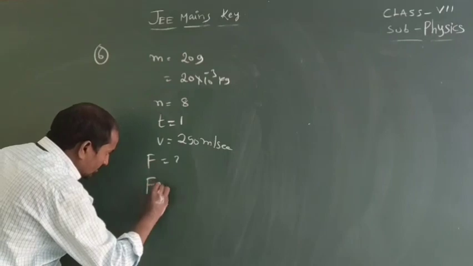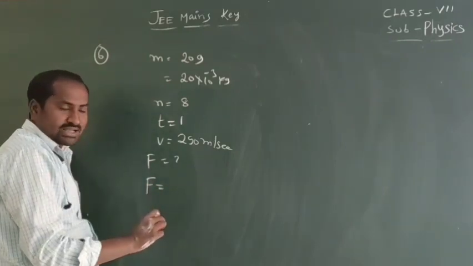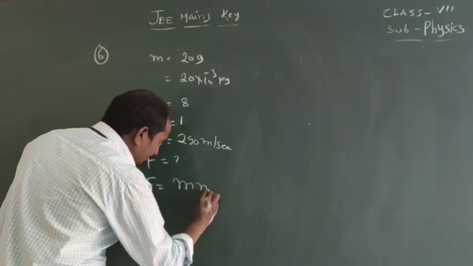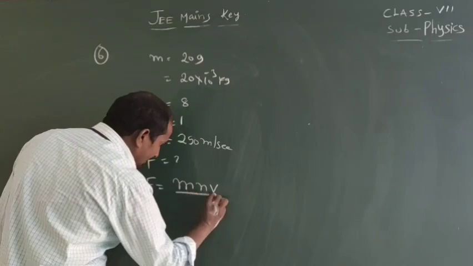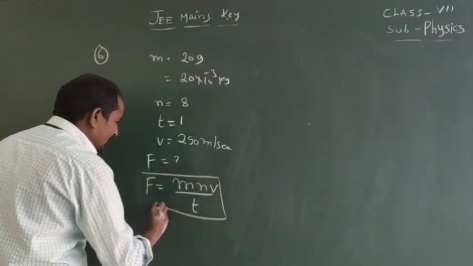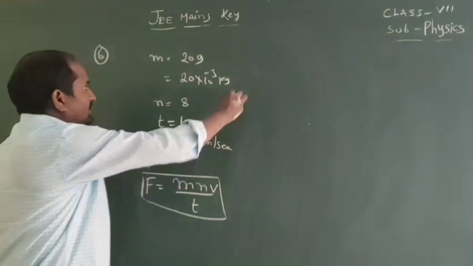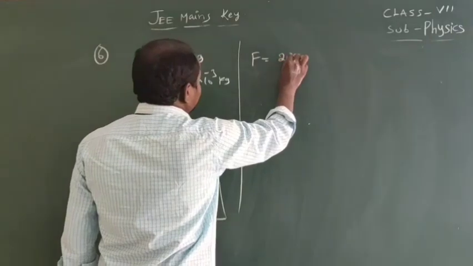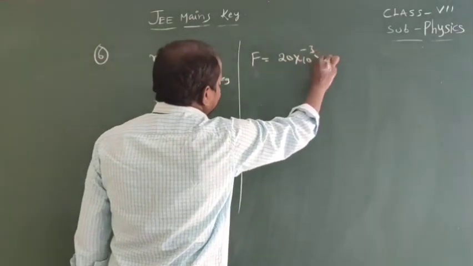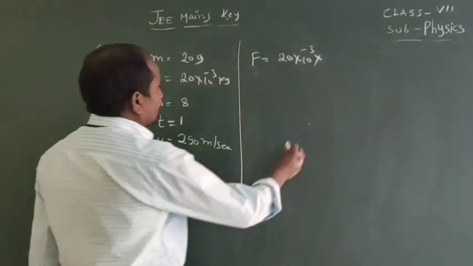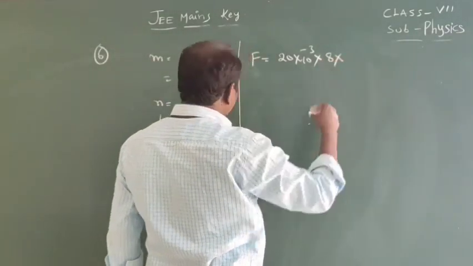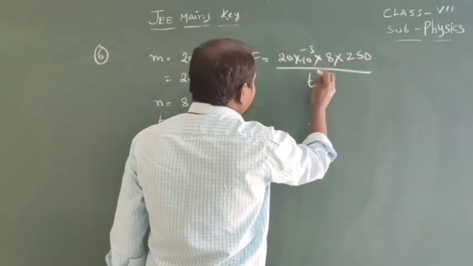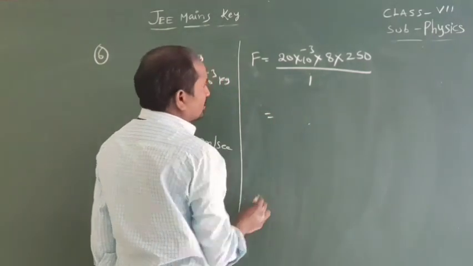So here this force is equal to the force needed to hold the gun. So mass of the bullet into number of bullets into velocity of the bullet by time. It is the formula to find the force. So force equals m equals 20 into 10 power minus 3 kg into n, number of bullets equals 8, and velocity of the bullet equals 250, by time, which is given as 1 second.